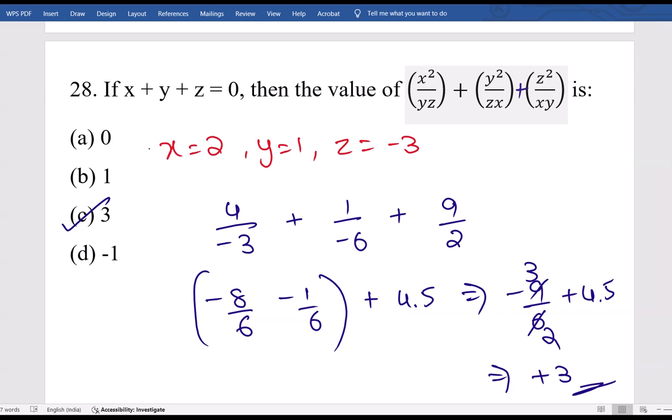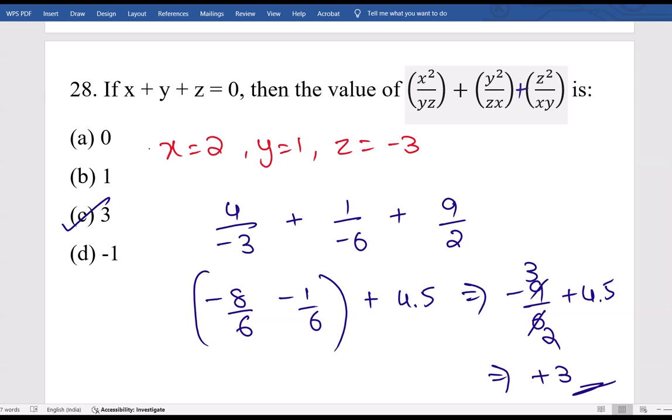Try with different values and check. I only said 2, 1, minus 3, but don't take 0, please. The denominators are yz, zx, and a denominator of 0 is not acceptable. Don't take x, y, z values as 0. Take some values in such a way. You may take minus 2, 1, 1.